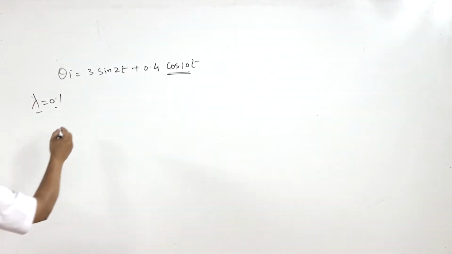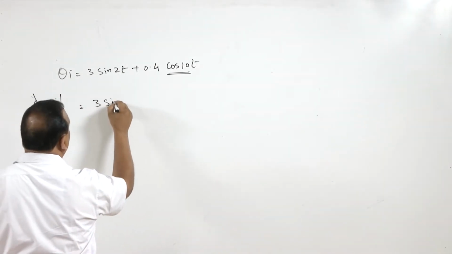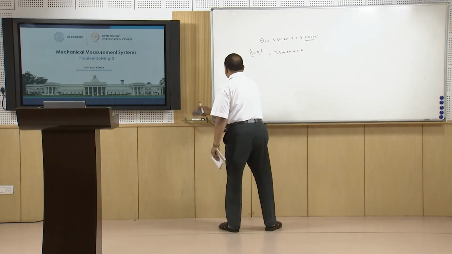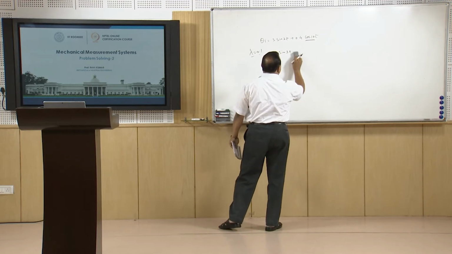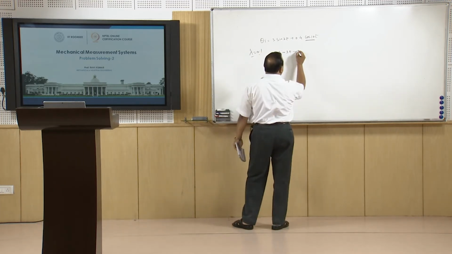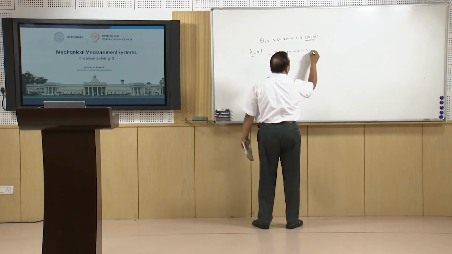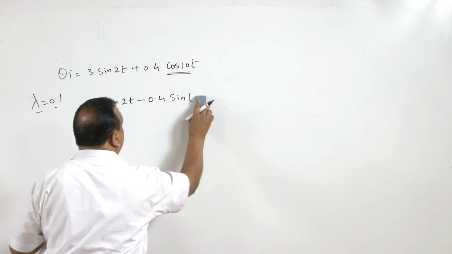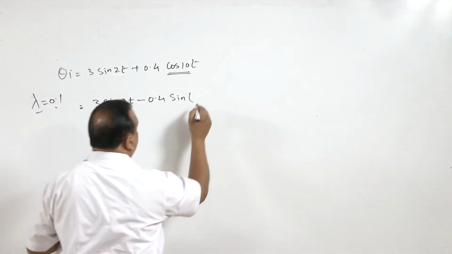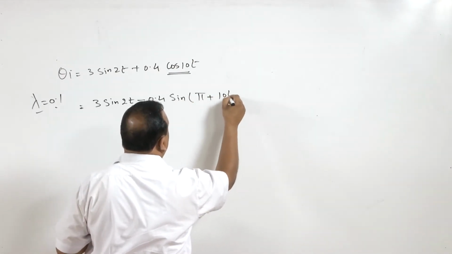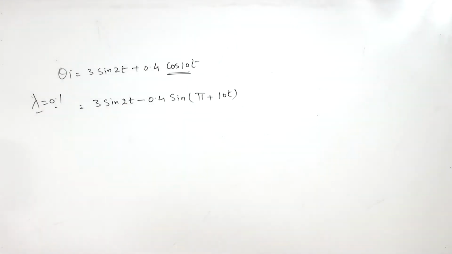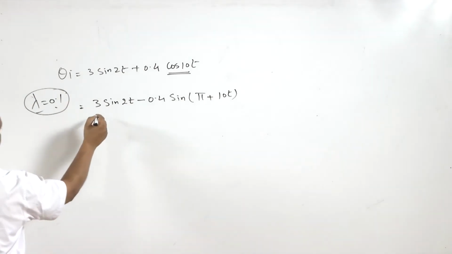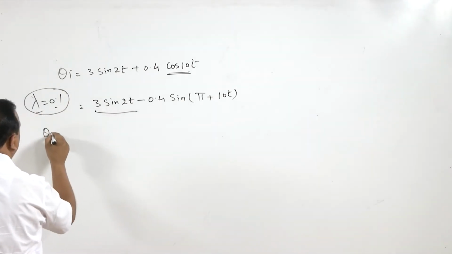So cos has to be converted into sine: 3 sine 2t plus 0.4, or we can write minus 0.4 sine (pi plus 10t), right? Lambda is equal to 0.1. Now let us take theta 1a.